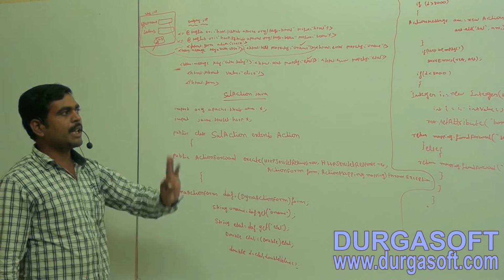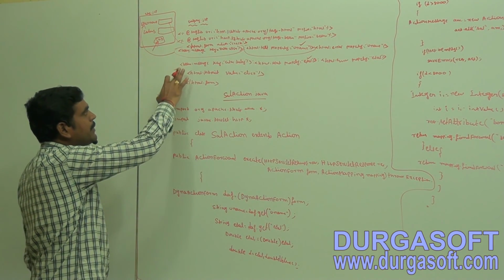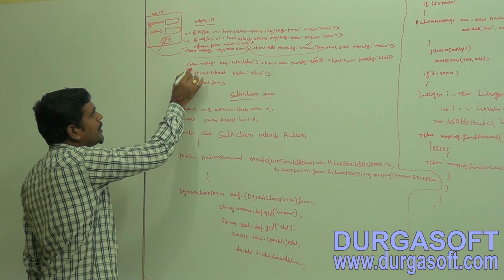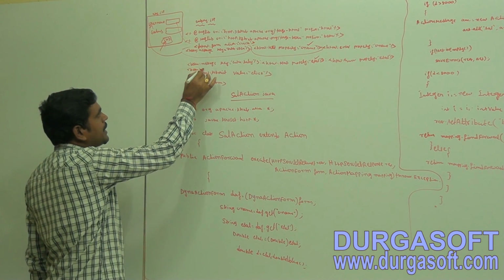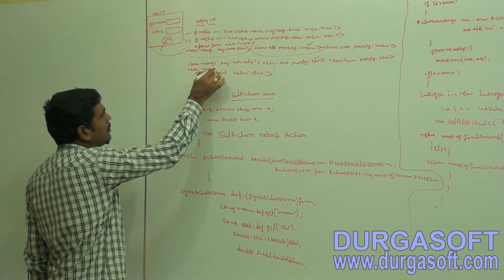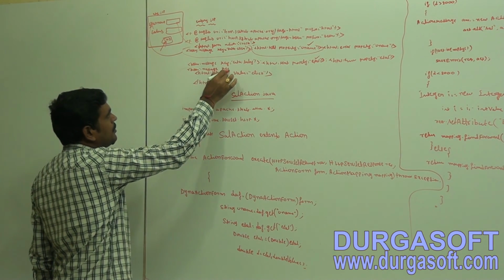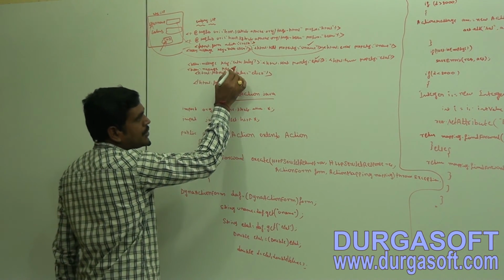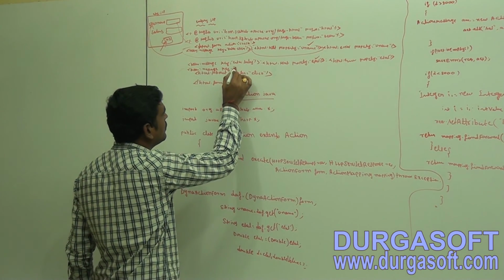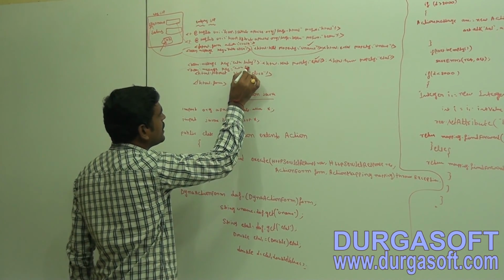Then whenever we are adding one field here, in this JSP we can increase one field. Bean colon message, key is equal to enter dot ph.